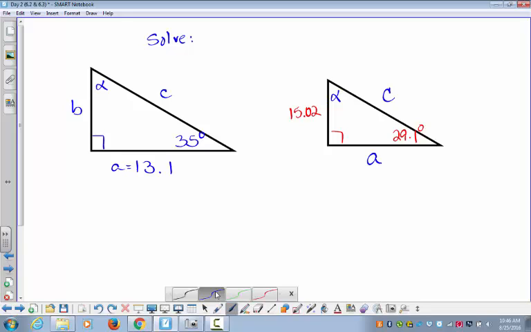You would want the trig ratio that uses this angle, this angle side. So first thing, two legs. There's only one function. Yeah, that's right. Makes sense.